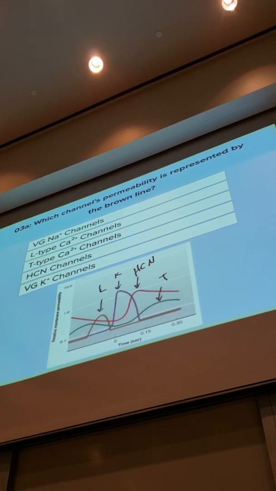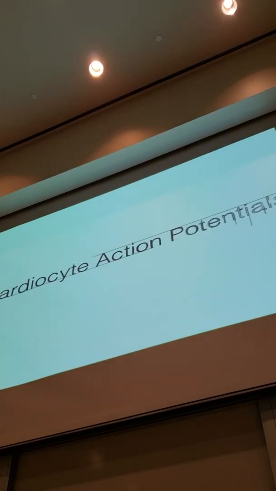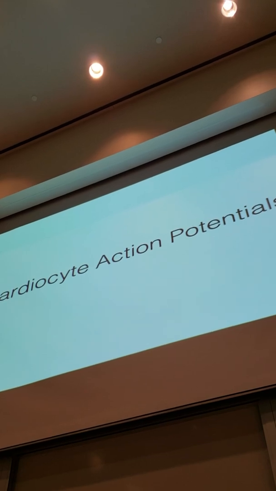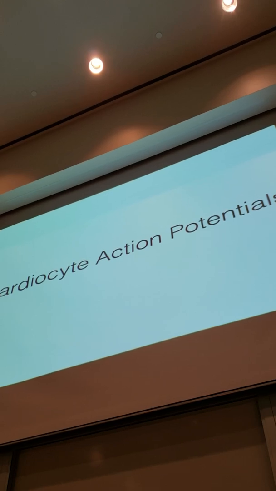Okay, and that would be the T-type channel. Nobody's ever suggested that before. That's good thinking. It's very easy to fall in the trap of thinking that left is the beginning and right is the end of our cycle, right? But it doesn't have to be that way.